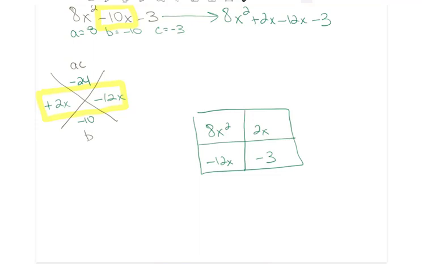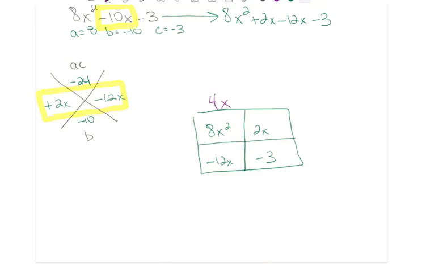So now we got to go around our box and pull out those greatest common factors. So I'm just going to start with these two. If I just look at my numbers, 8 and negative 12, what's the greatest common factor I can pull out of there? 4. And between x and x squared, I can factor out x.